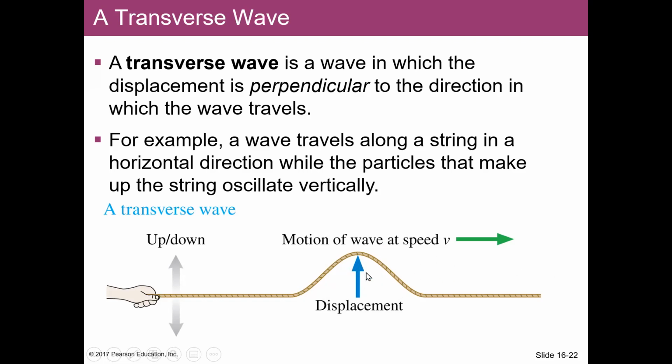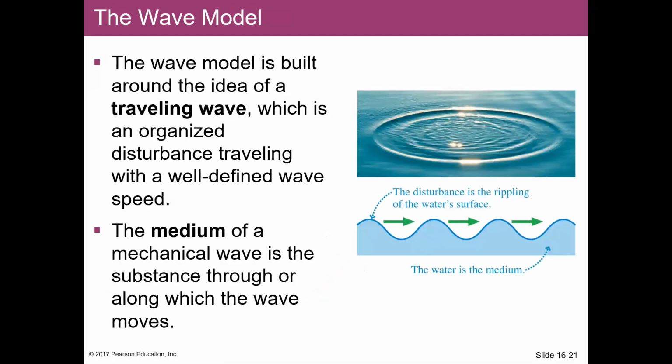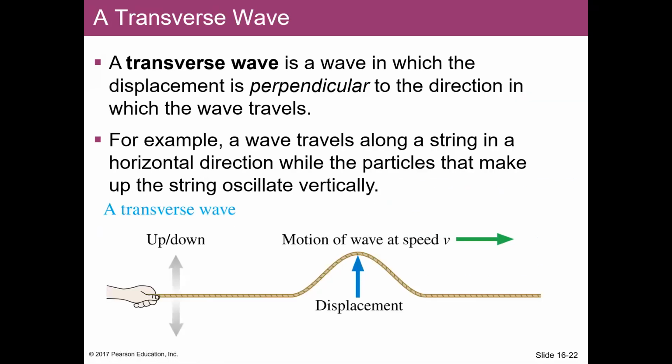But the points on the string or rope are moving up and down. That's a transverse wave. Examples of transverse waves: obviously waves on strings, obviously water waves, because you see the puddles ripple up and down as they move outwards. Light also happens to be a transverse wave, although you can't really see the thing that's waving in light.